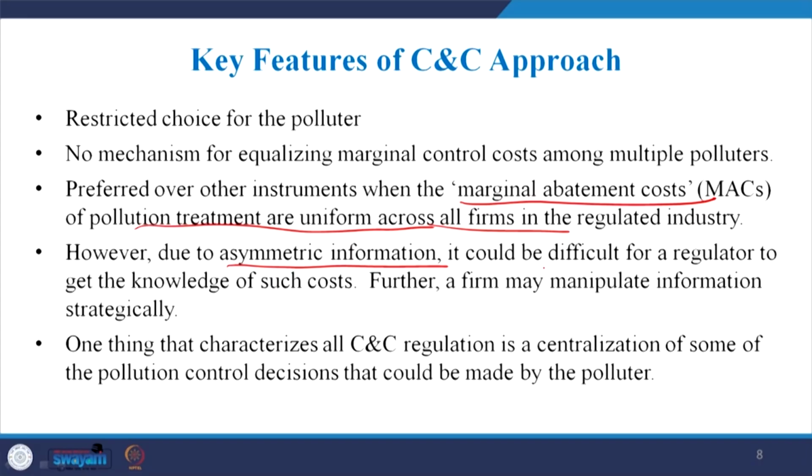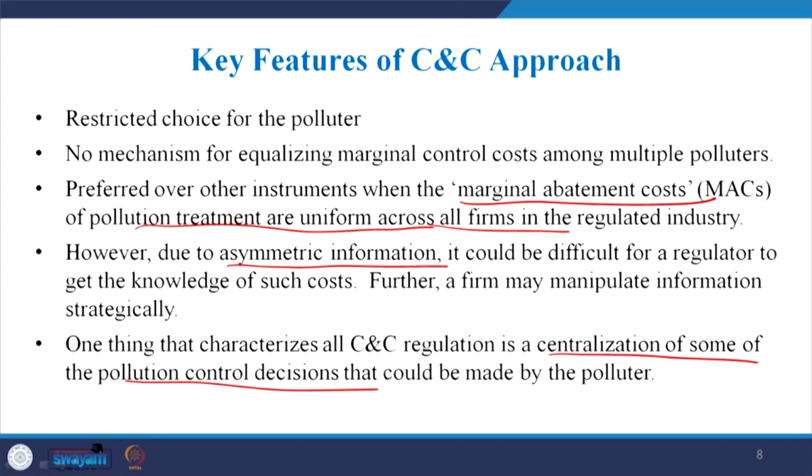One thing that characterizes all command and control regulation is centralization of some of the pollution control decisions that could be made by the polluter. So, this is a command and control system, which is a centralized kind of decision taken by the main authority, although the authority may have a structure at the lower level.